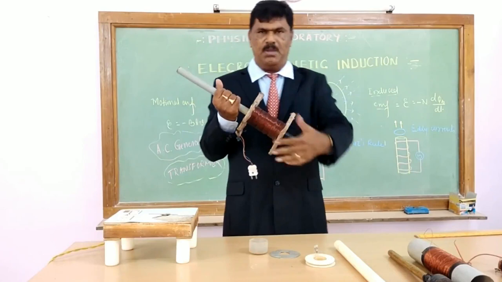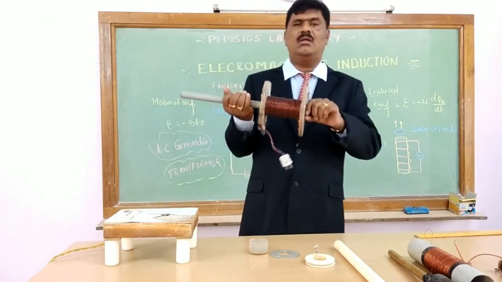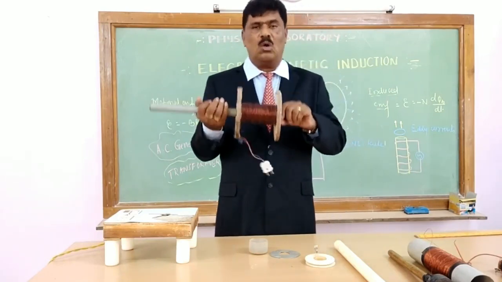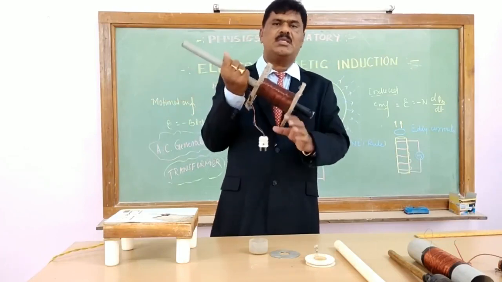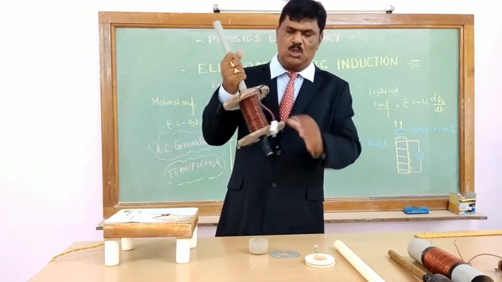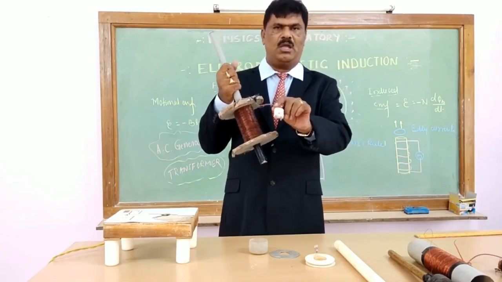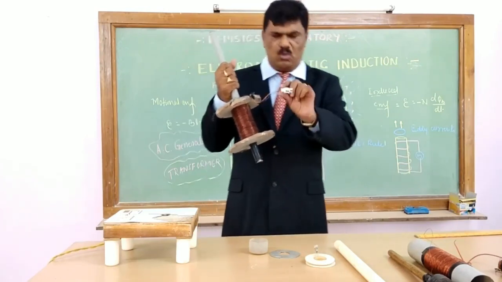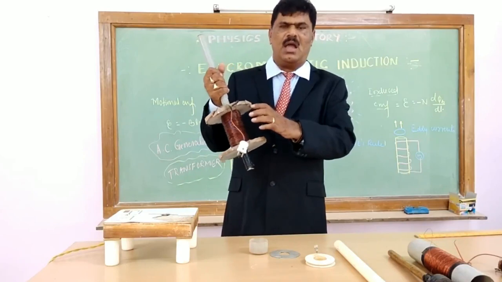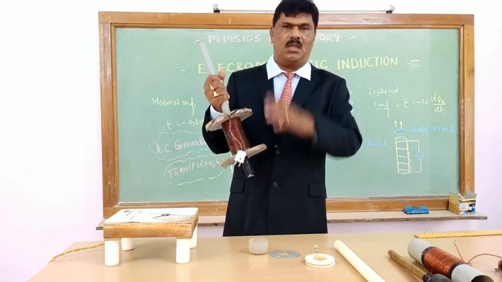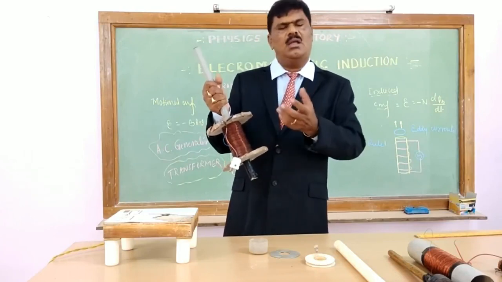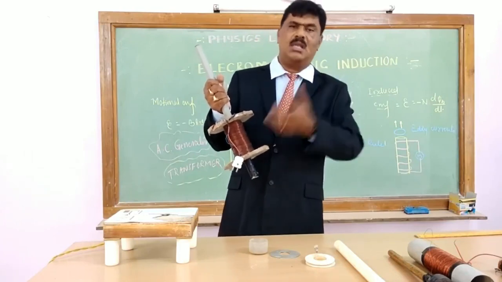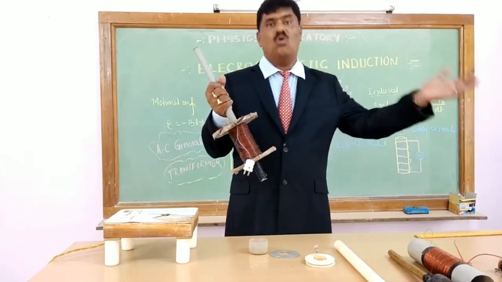And here is a big bobbin containing more than 1000 turns of insulated copper wire, whose two ends are connected to a 2-pin plug, with which I can pass an alternating current. Here you can pass an alternating current because this coil can withstand that current, because the length of the coil is very large here.